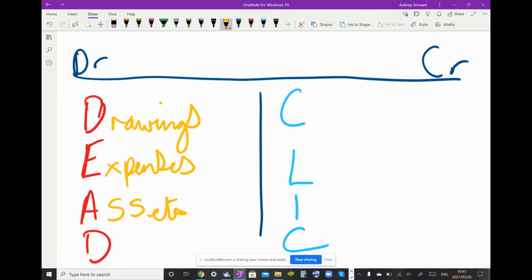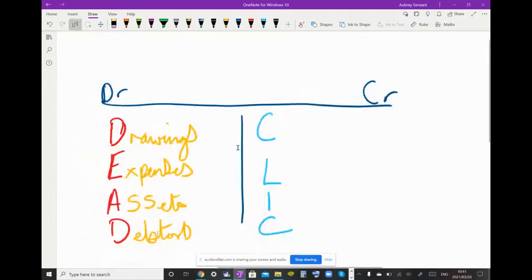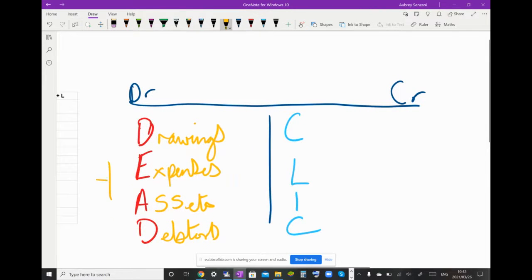All right, and then the last D stands for debtors. Okay, so there we go. I'm just going to put a plus over here. Let's go over to the other side.